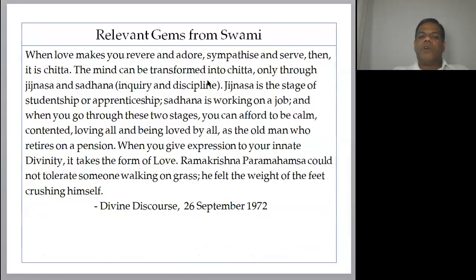The mind can be transformed into Chitta only through Jijñāsa and Sadhana, inquiry and discipline. Jijñāsa is the stage of studentship or apprenticeship. Sadhana is working on a job. And when you go through these two stages, you can afford to be calm, contented, loving all, and being loved by all, as the old man who retires on a pension.